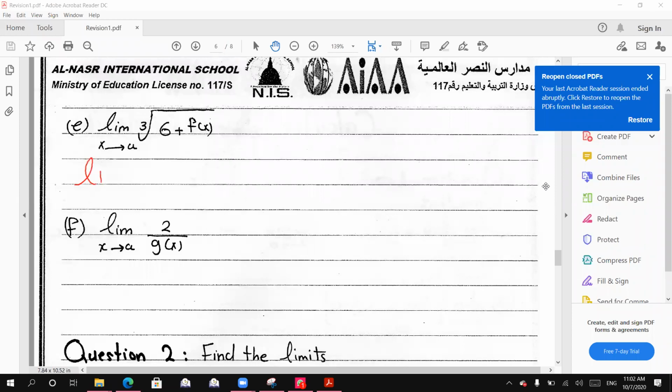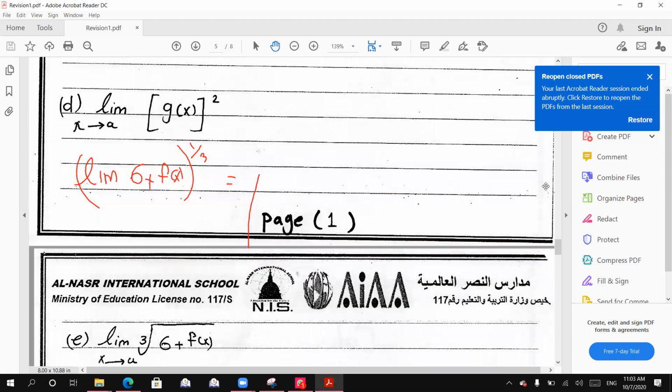I can say limit of 6 plus f of x, raised to the power 1/3. What is the value of f of x?